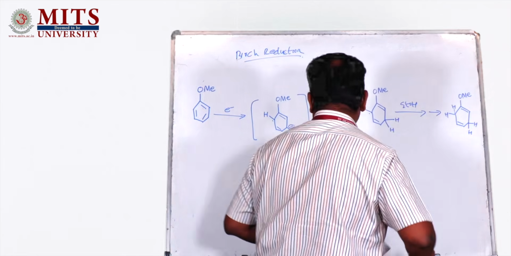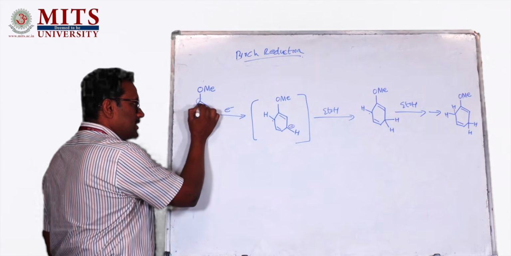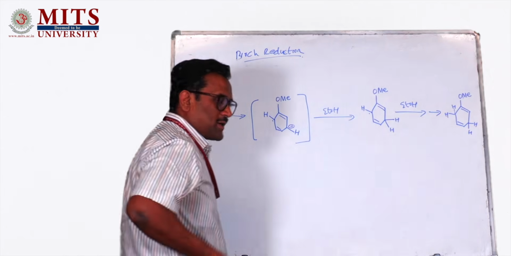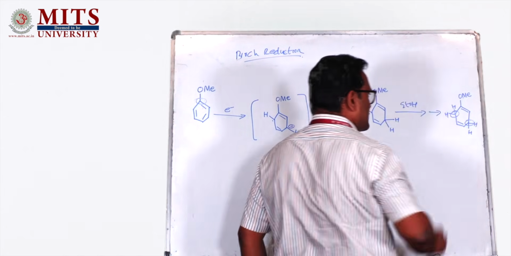So now you can see that when an electron donating substituent is present, proton abstraction will take place at ortho and para positions.